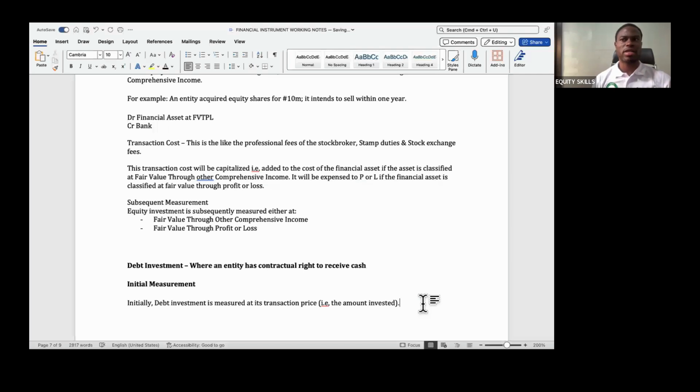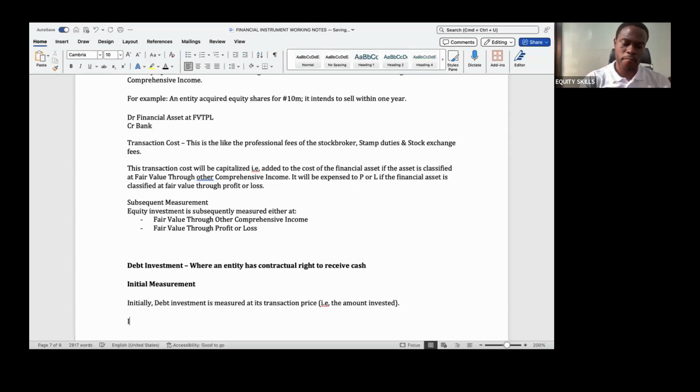It's as simple as you invested 100 million in commercial paper of Dangote, or in government treasury bills, or in a corporate bond. You invested 50 million. The amount that you invested is the transaction price, and it is with that amount you would initially measure your debt investment.